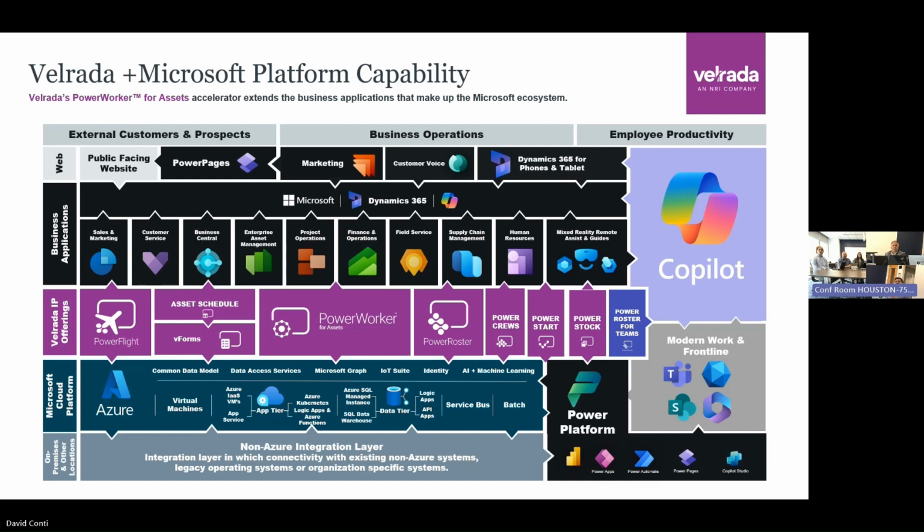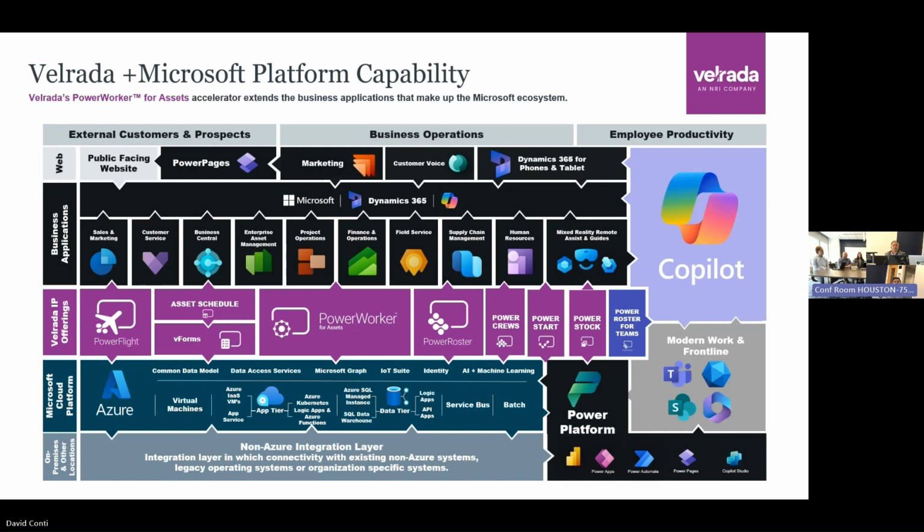This slide talks about a number of the Microsoft offerings in the business application space around customer service, field service, project service, finance, etc. The purple section in the middle is what Velrada is adding on top to enhance these offerings.